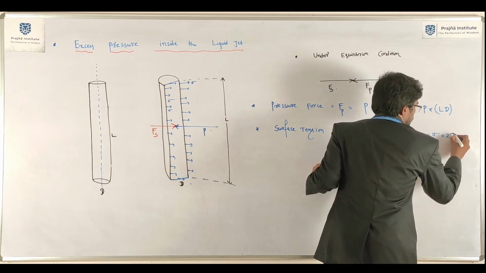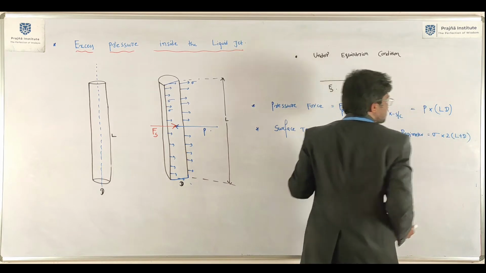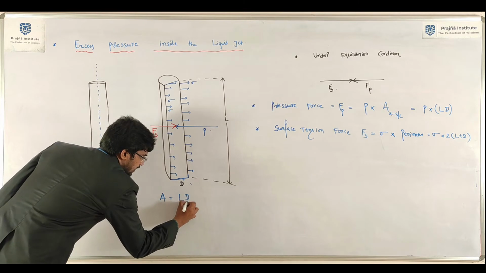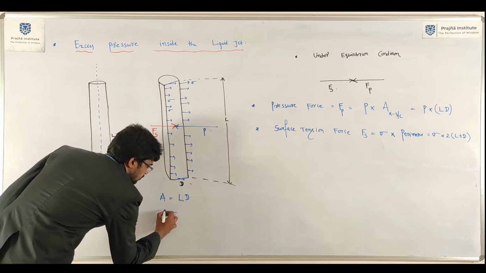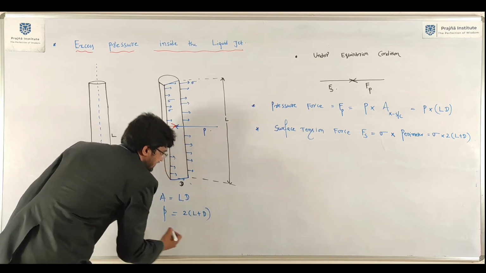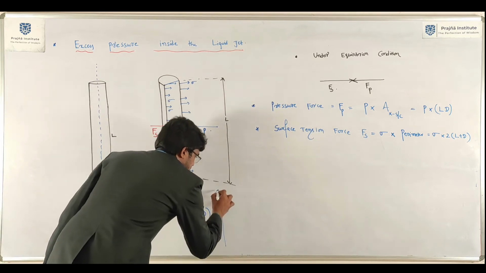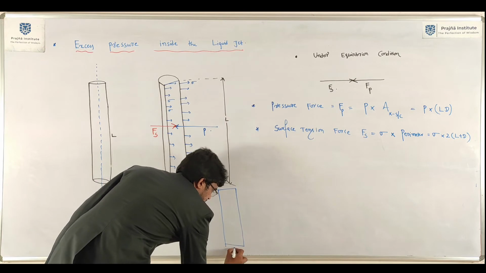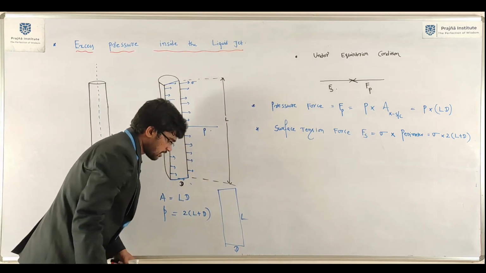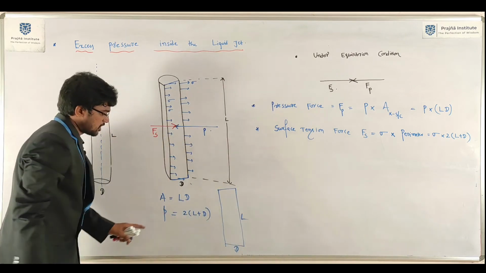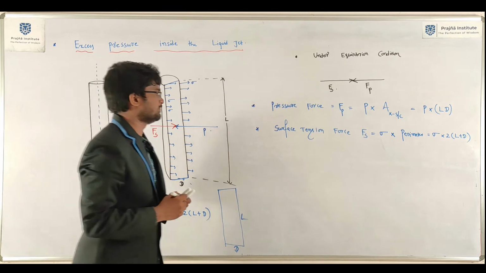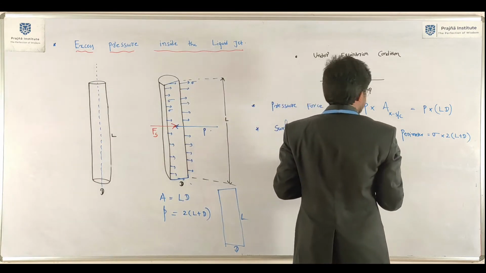Sigma into 2 into (L plus D). This is the perimeter. The perimeter is equal to 2 into (L plus D) for the rectangular cross section with diameter D and length L. The area of cross section is L into D. That's it, it is very simple actually.